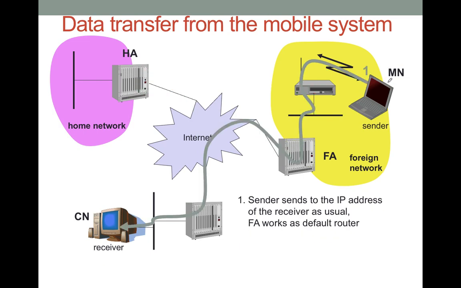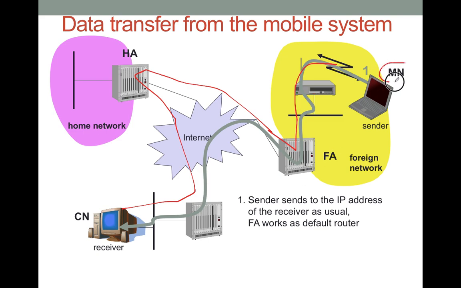And when it replies, upon receiving the data packet from the counterpart network, as we learned, there is a destination address. So there is no need to go from the foreign agent to the home agent and forward from there.